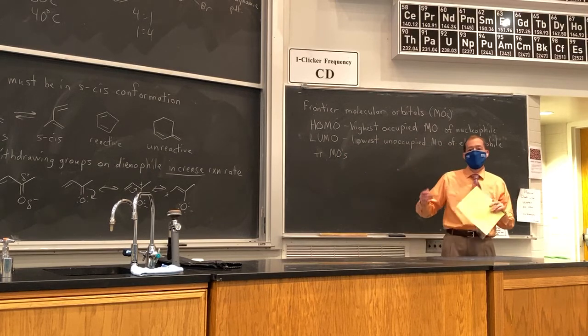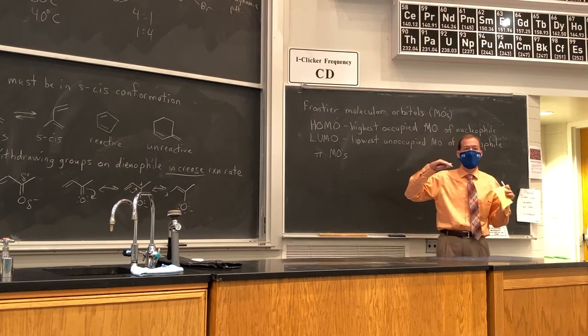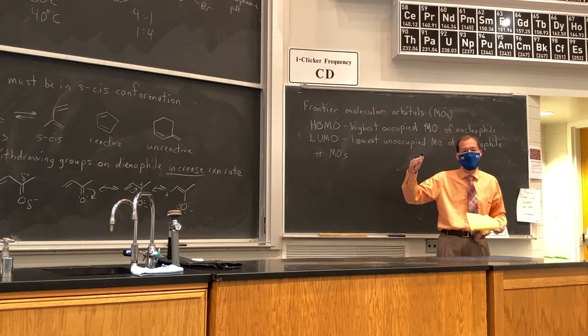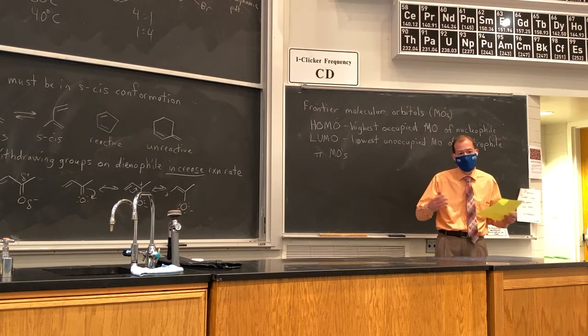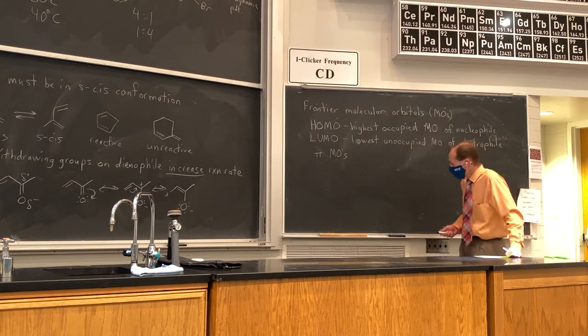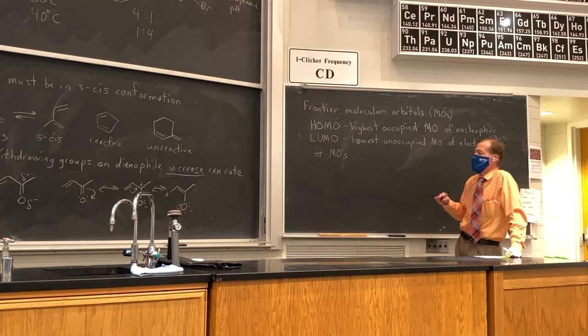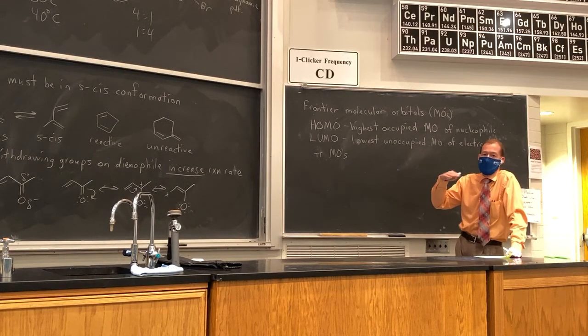Okay? Pi bonds are weaker, higher in energy than sigma bonds. When we've seen reactions of alkenes, we've always involved the pi bonds. We haven't involved the sigma bonds in most cases. And so those pi molecular orbitals are going to be on the frontier.